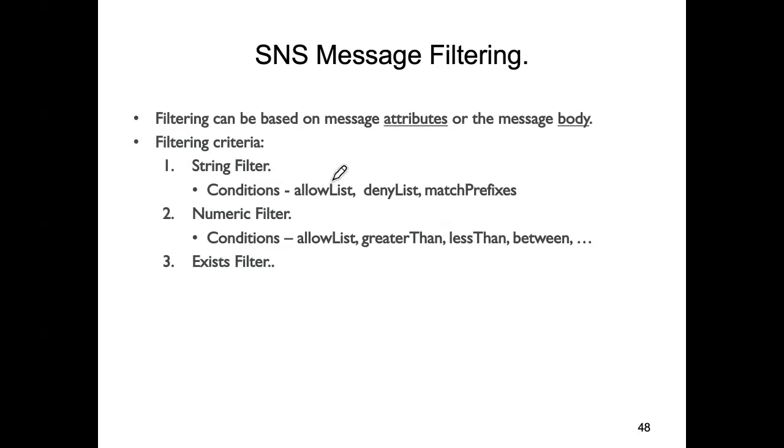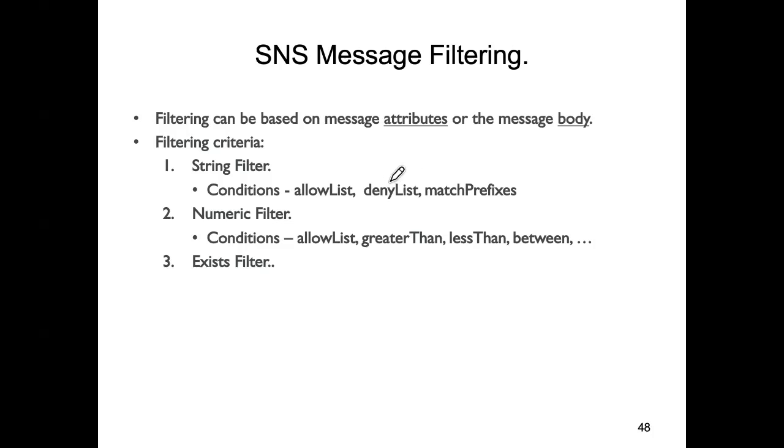In other words, you can specify, look, if the string is equal to one of the values in the array that you specify as the allow list, then you want that message to be passed through to the subscriber. Alternatively, you can specify what's called a deny list. Both of these are going to be arrays of strings, okay? But in the case of the allow list, you're specifying what you want to allow to go through to the subscriber. In the case of the deny list, the array of strings is specifying what you do not want to go through to the subscriber.